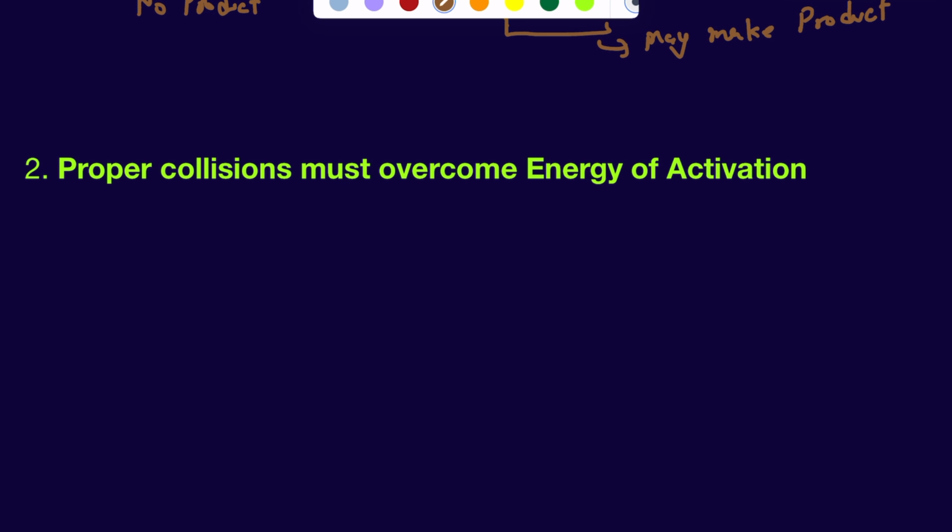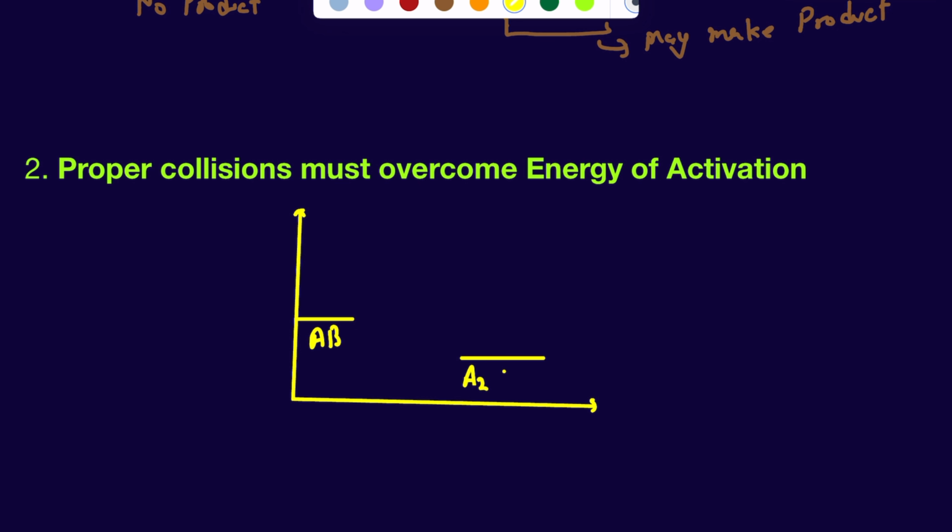For example, if I'm looking at an energy profile diagram, suppose this is where the AB molecule is, and then I'm going to make A2 and B2 as my product.